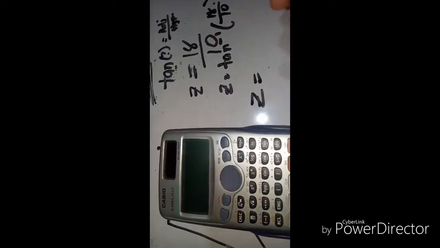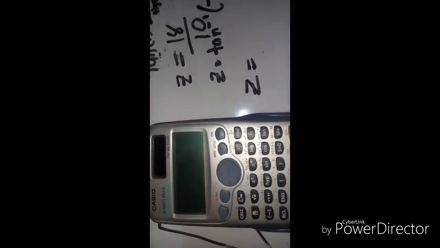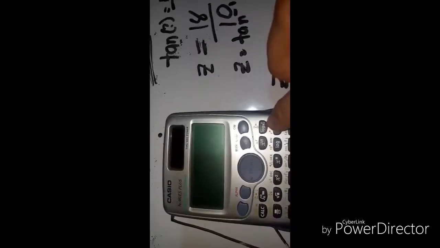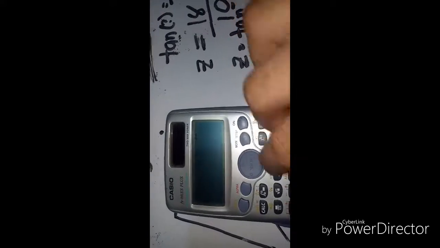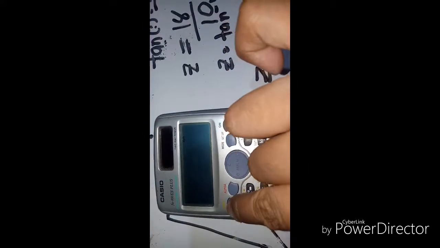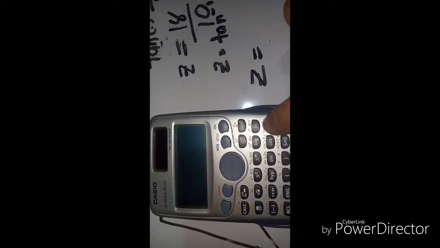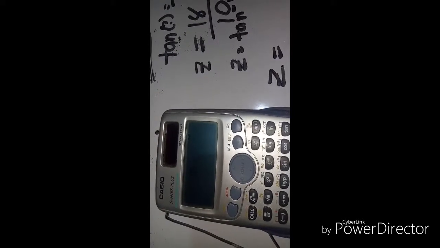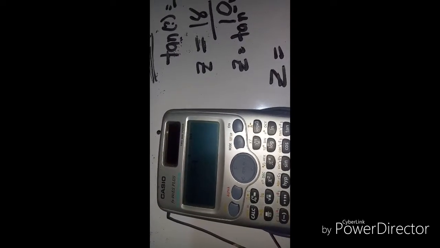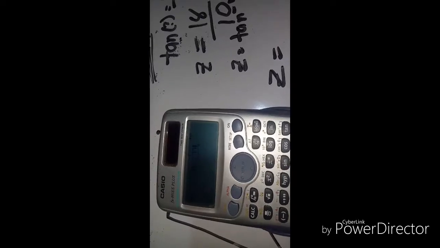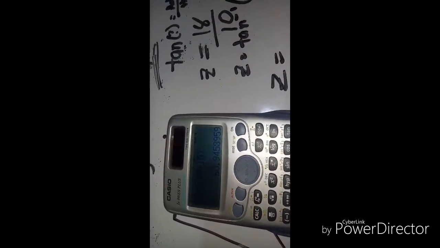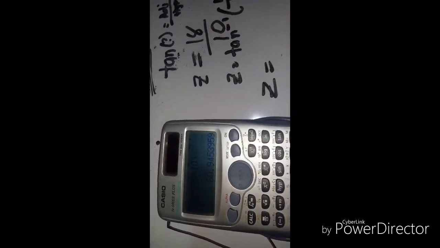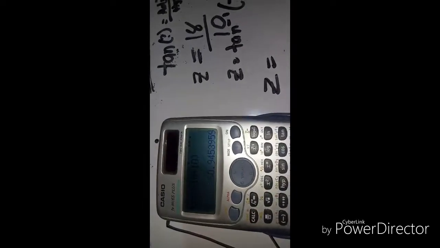To use it, we're going to click shift tan, 10, so it will be like this, and the value of adjacent, which is 18 divided by 10, equals 60.9453959.